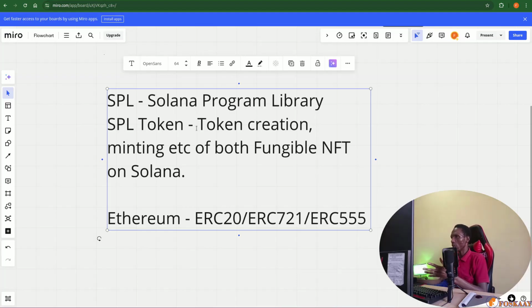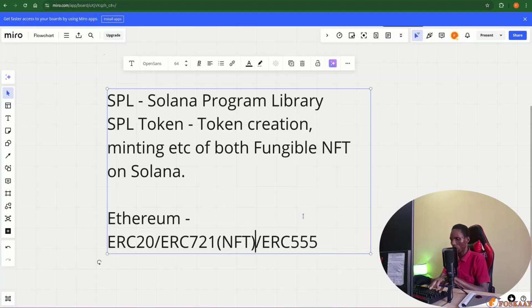So once you can interact with it, you can call it to mint, you can call it to create a new token. And like I said, unlike this being separated, where if you want to do an NFT, you have a different structure on Ethereum, totally different from ERC20, ERC 721 for NFT. You understand? But on Solana, it is the same program, that same SPL token program, that you use.